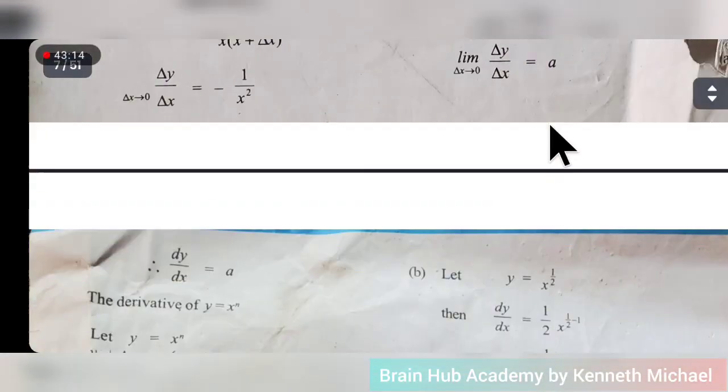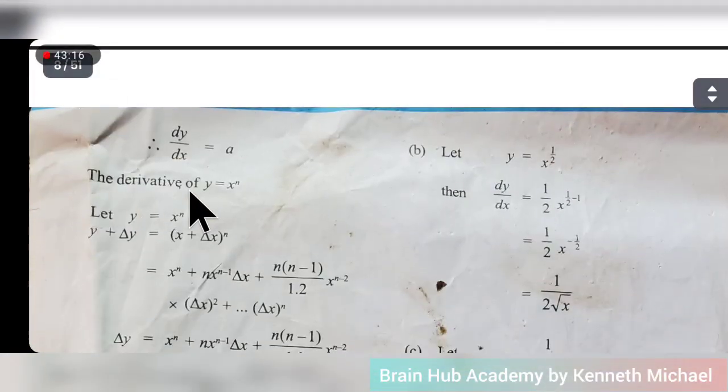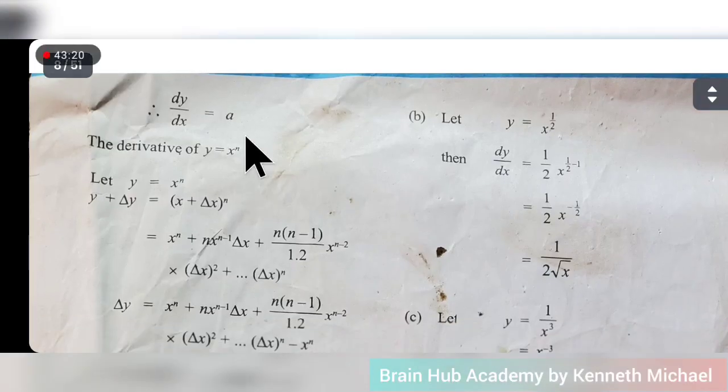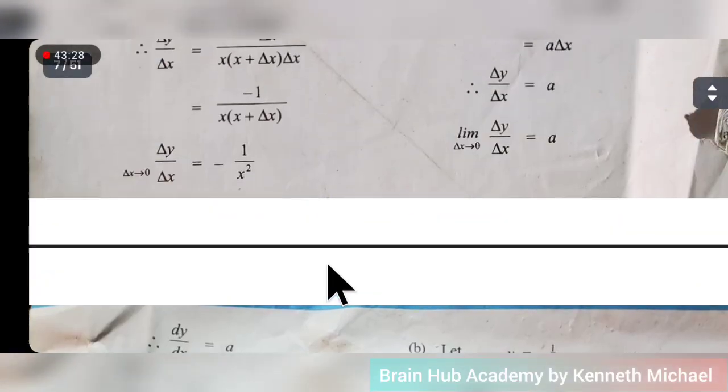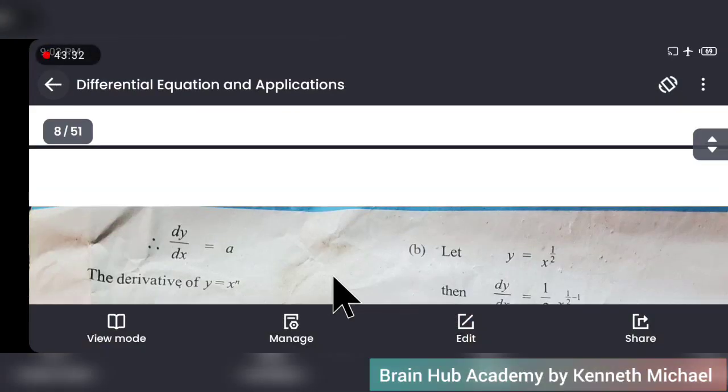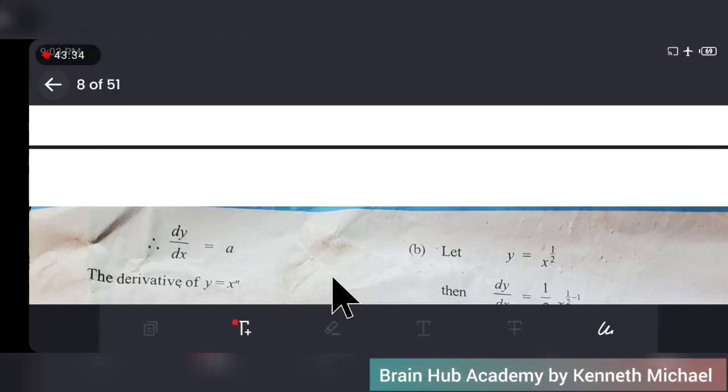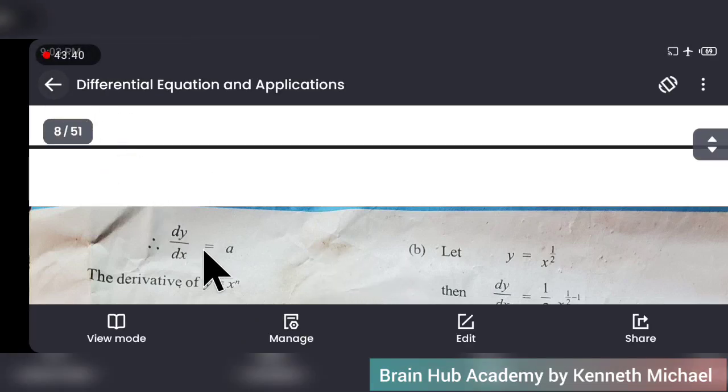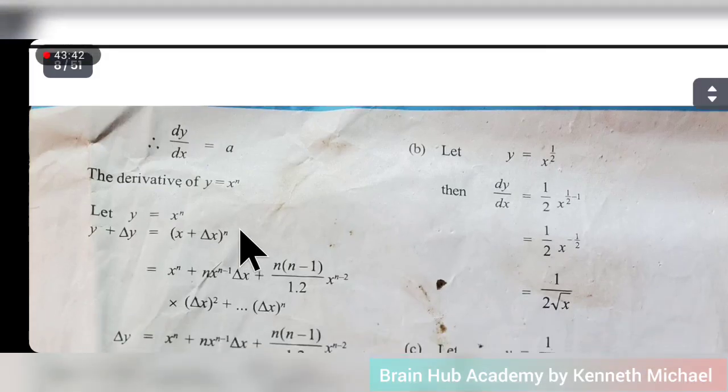So what is the conclusion from here? The derivative of y equals x raised to the power of n. Let's go.